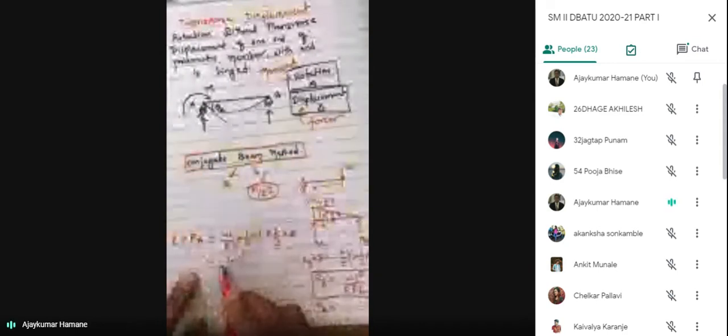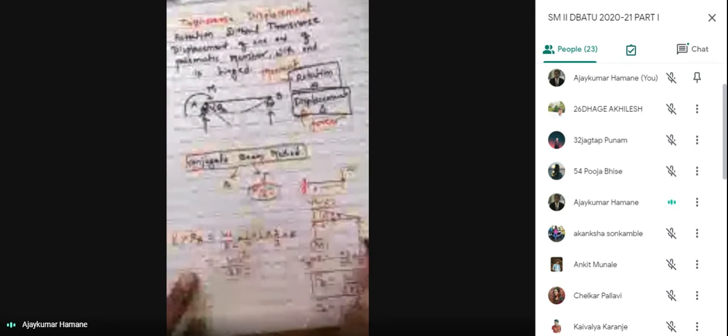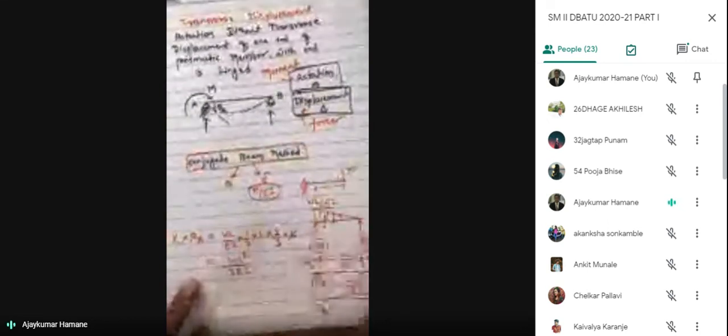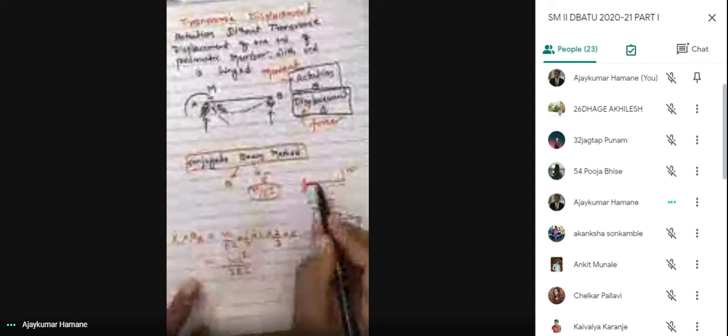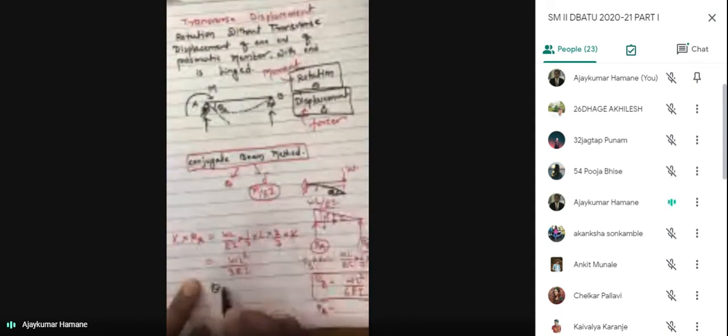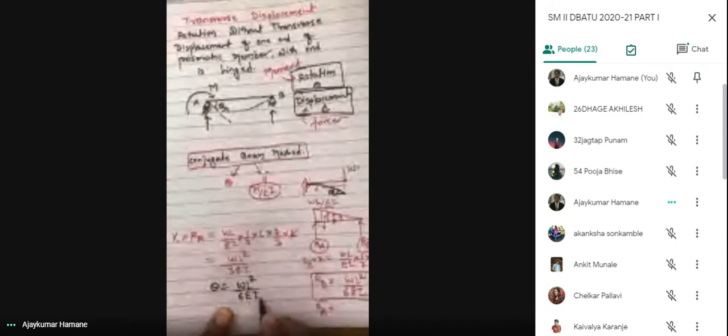It is WL square upon 3 EI. This reaction gives us a slope. So the slope at this end, theta, equals RB, that is WL square upon 6 EI.